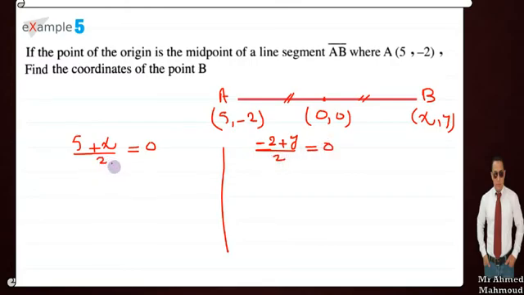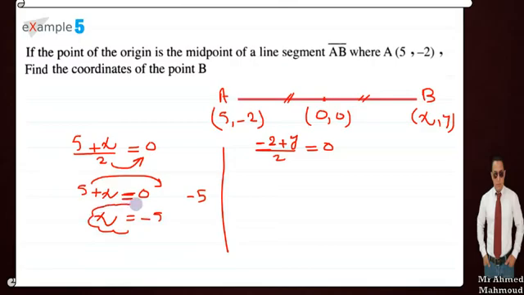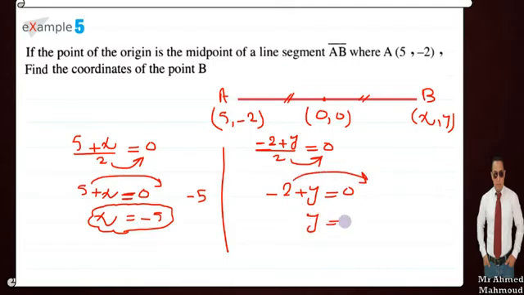Send 2 there, multiply, to be 5 plus x equals 2 times 0 equals 0. 5 goes there as minus 5, then x equals negative 5. Now I'm going to send 2 there, multiply, then negative 2 plus y equals 0, and I send negative 2 as positive 2.